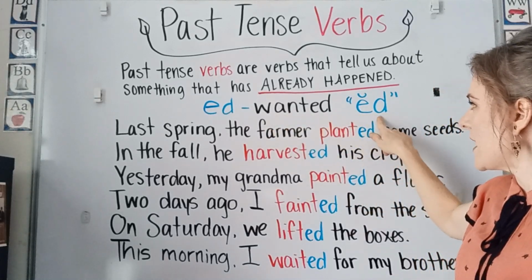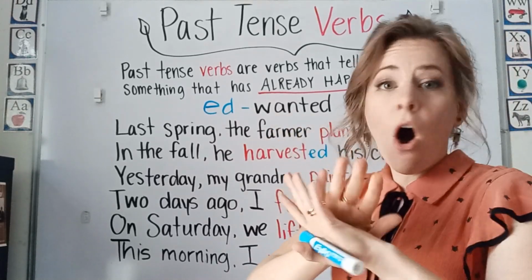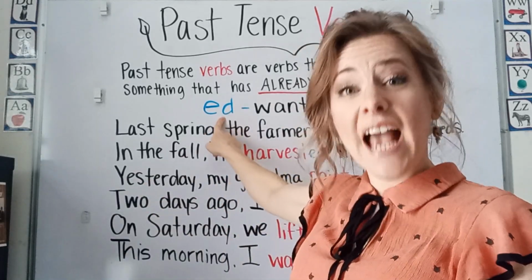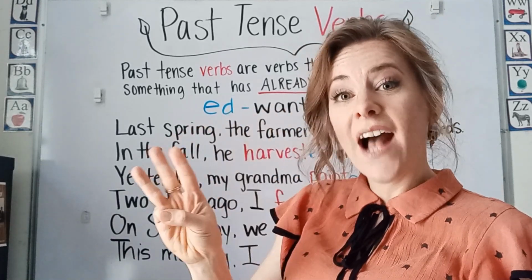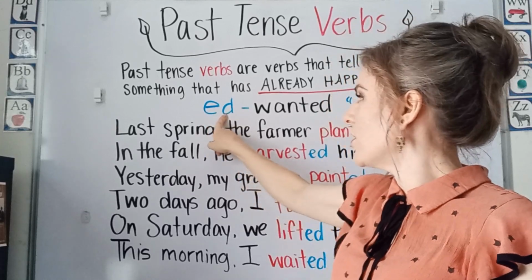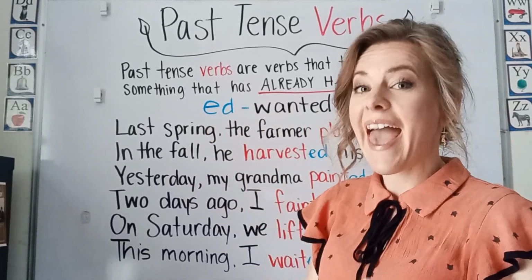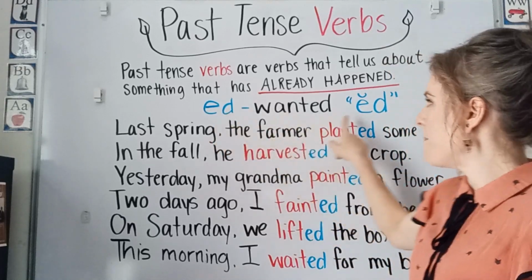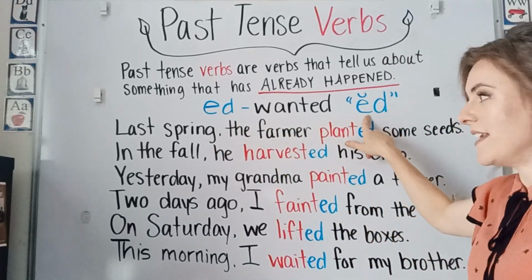Sounds like a short E with a D. Not all past tense verbs with an ed make the sound. There are three sounds that go with ed. But we're going to look at our first sound, which is ed. And these are some examples of the ed that makes the ed, ed, ed sound.